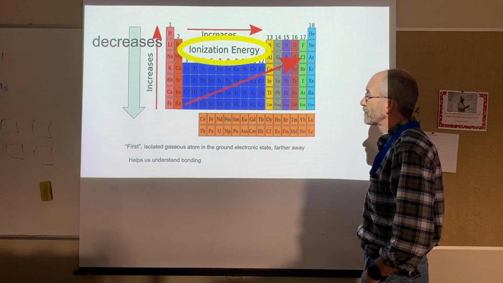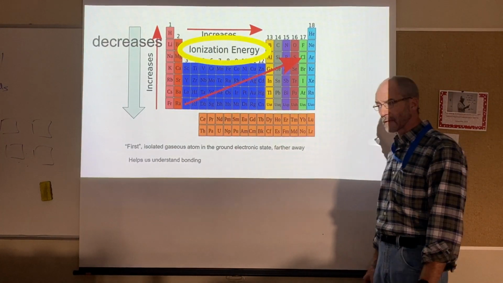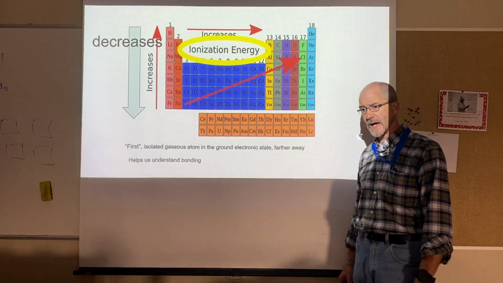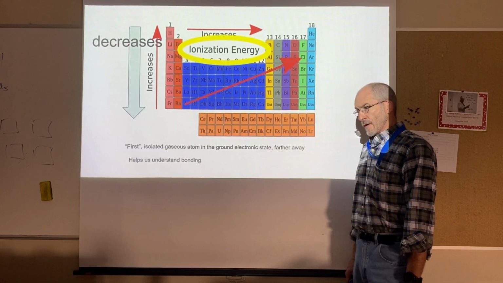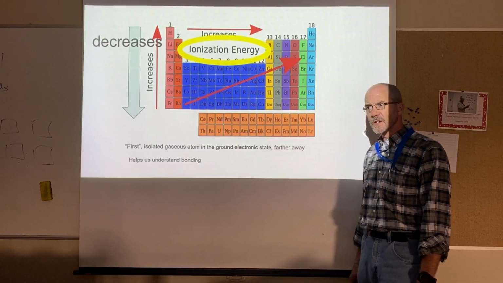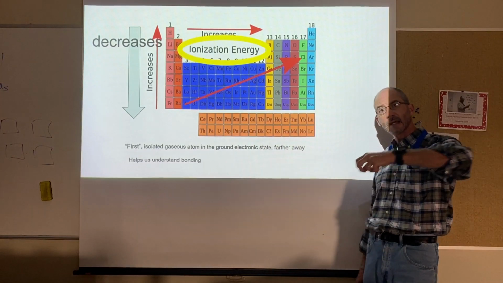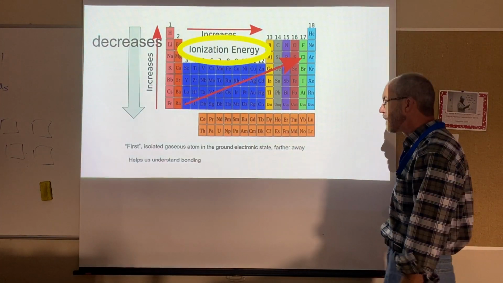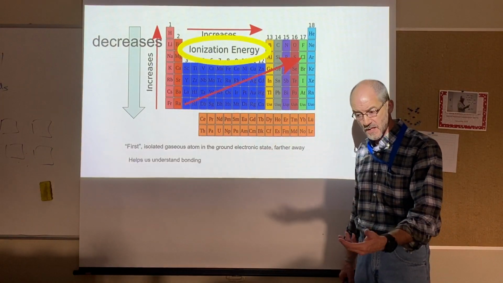There's just a slight item we need to look at here to make sure we understand. But before we do, in the last lecture, I mentioned something called ionization energy, and in fact, I was referencing first ionization energy. First ionization energy is basically defined as the amount of energy it takes to remove an electron from an isolated gaseous atom in its ground state.